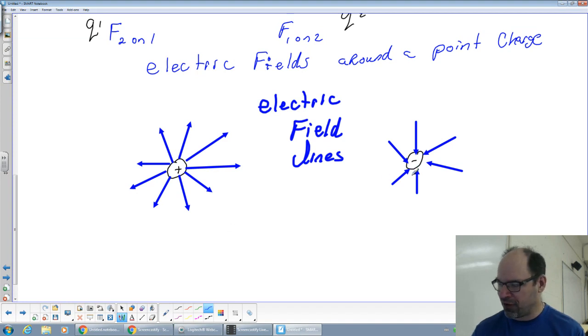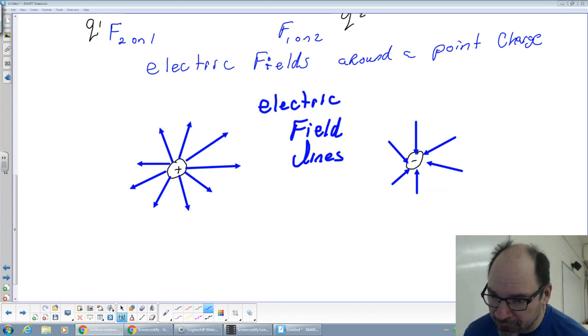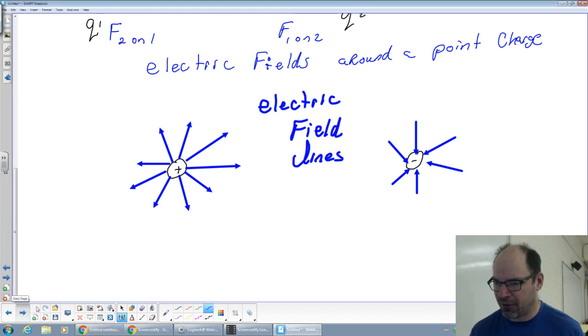If you have the two points by themselves, that's one thing, but if we do the two point charges, we'll do two opposite charges together. First, let's do this on the next page though, so we can draw it better.